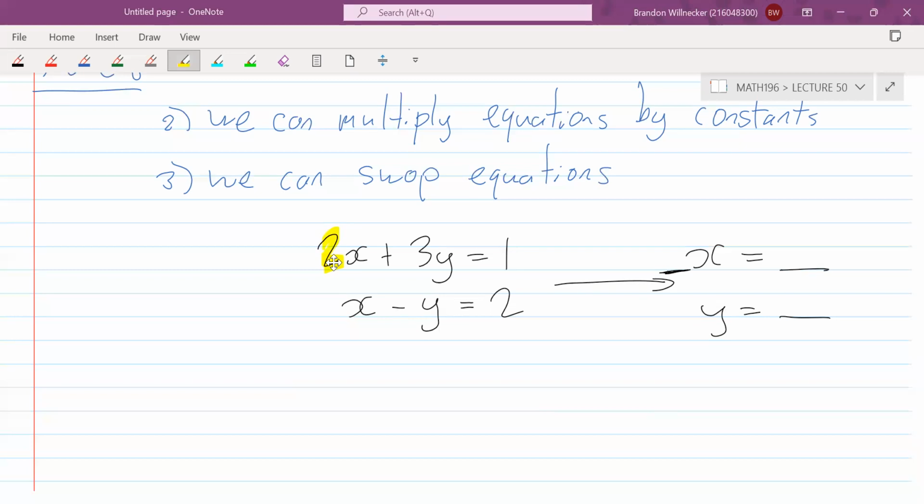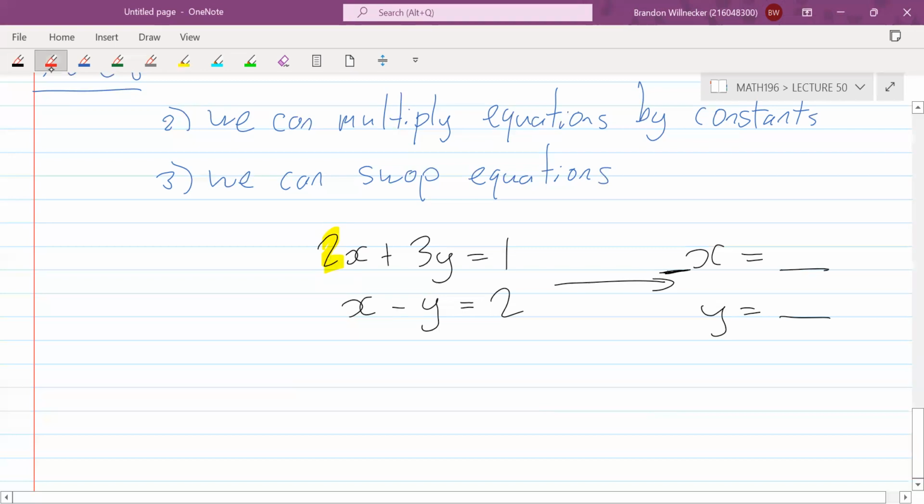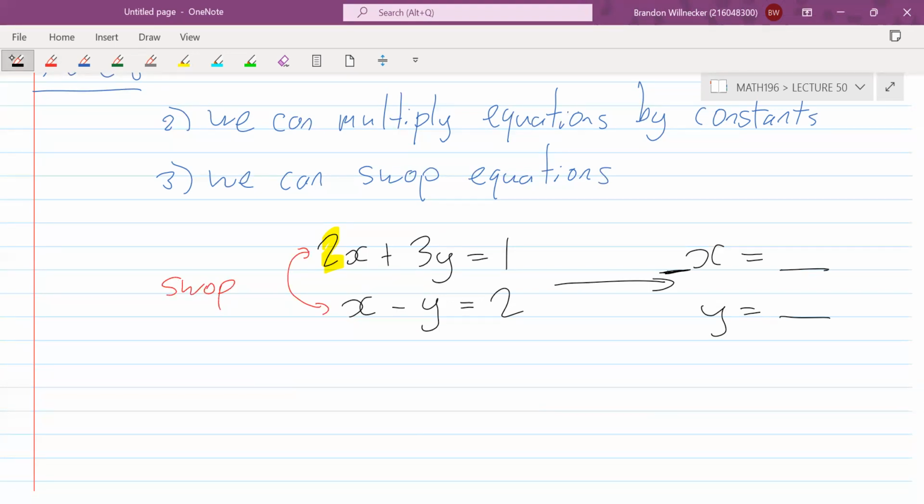So what we could do is divide the first equation by 2. That would give us our coefficient of 1. Or we see that the second equation already has a coefficient of 1. So a better thing to do would be to swap them. Okay, so now I'm going to call the second one equation 1 and the first one equation 2.